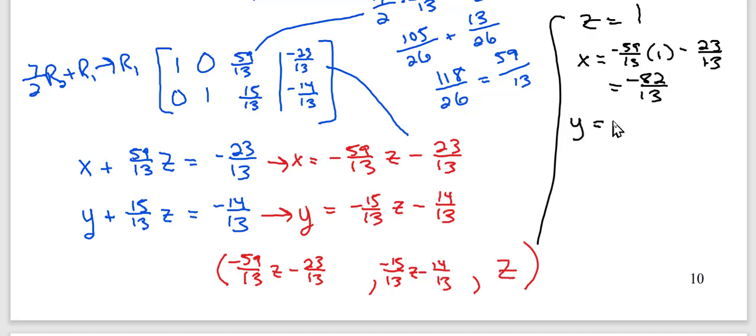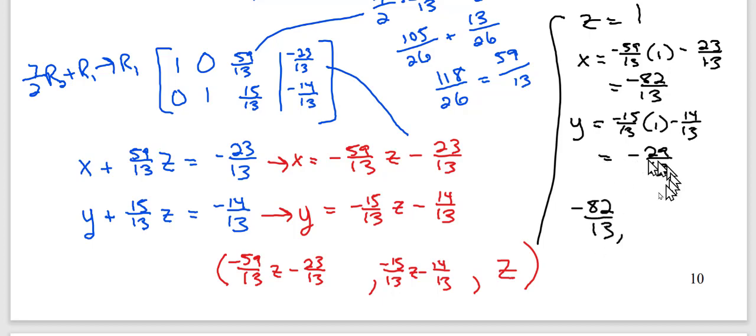And y would be negative 15/13 times 1 minus 14/13, or negative 29/13. So one particular solution would be negative 82/13 for the x, negative 29/13 for y, z being 1.